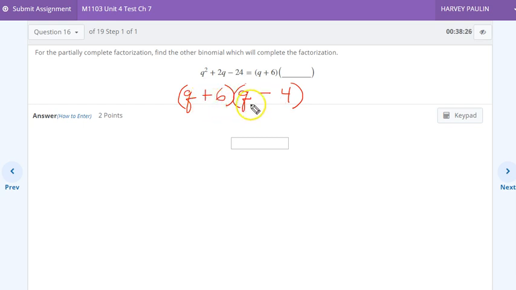Now, you FOIL this to see if you get back to this. And with these factors, you do. So here, we're asked then to put in q minus 4. That's what they're looking for here. All right, let's go on.